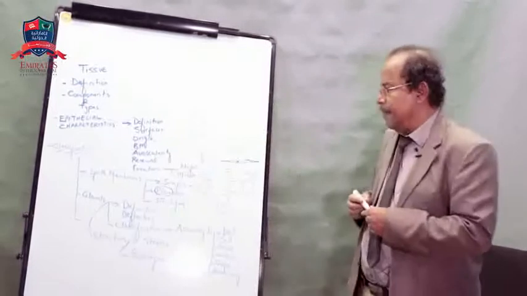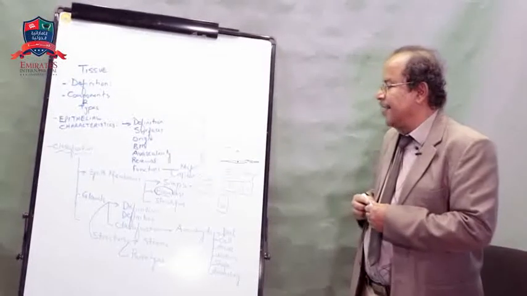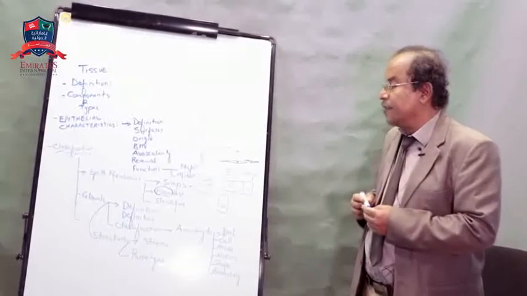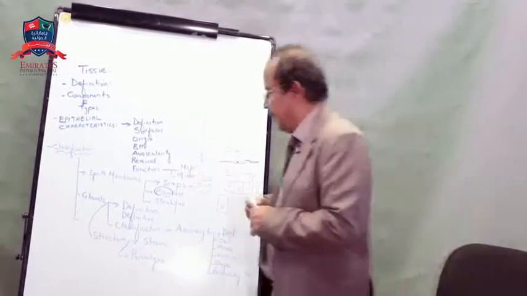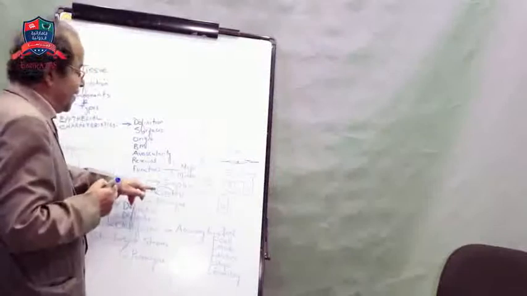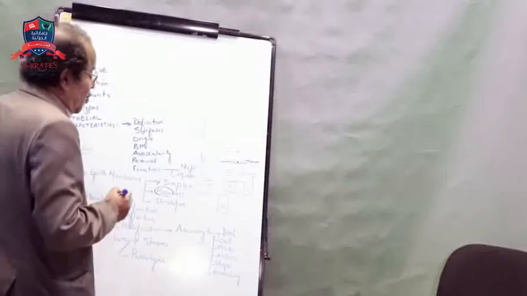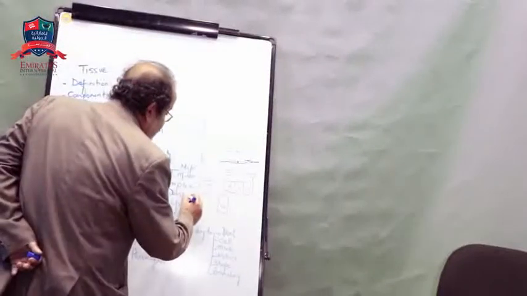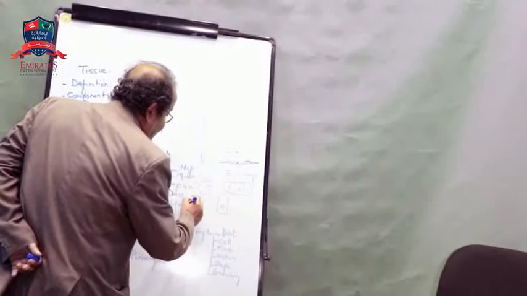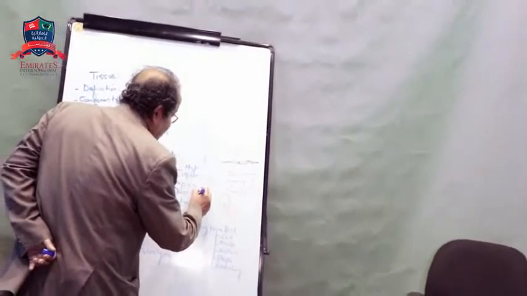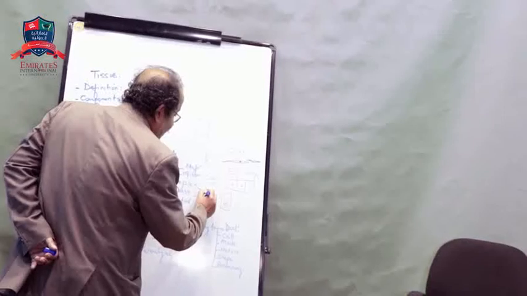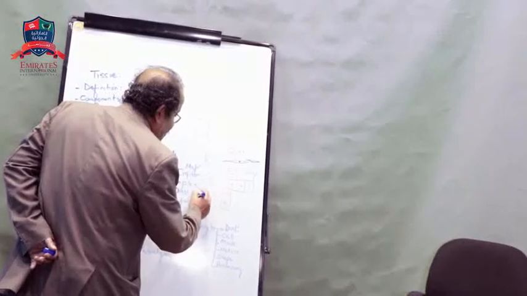Now, the pseudo-stratified epithelium appears to be stratified, but it is not. Why? Because they have got two types of cells. Some cells are long and the other cells are short.